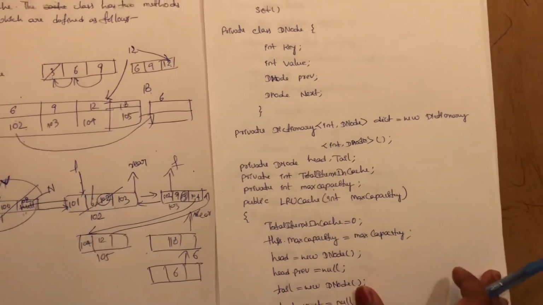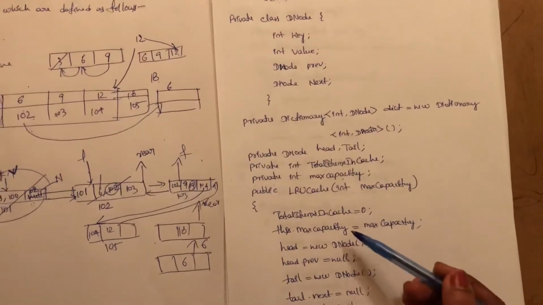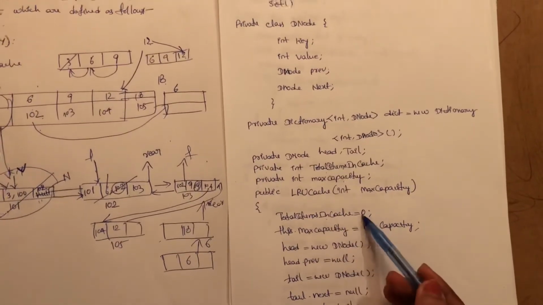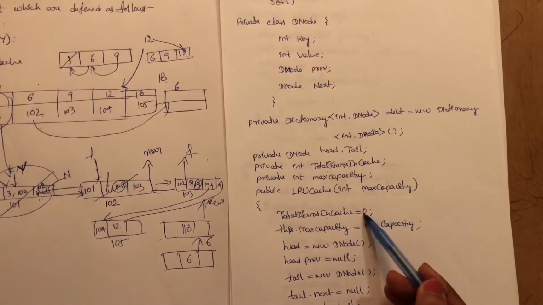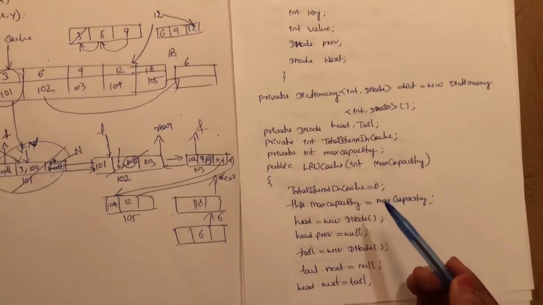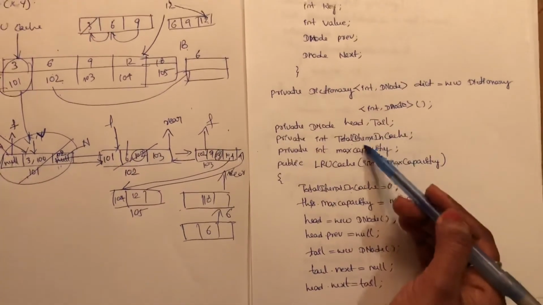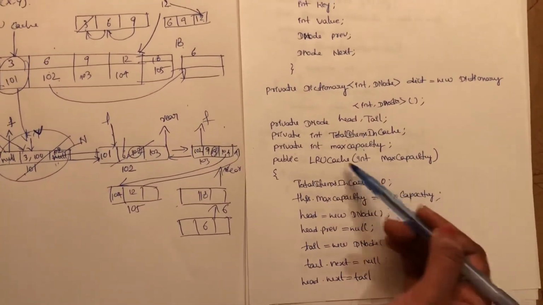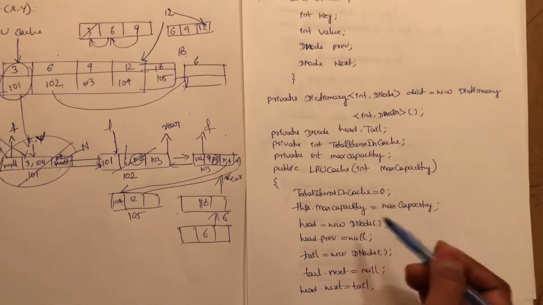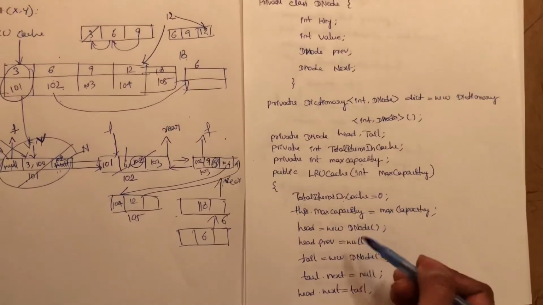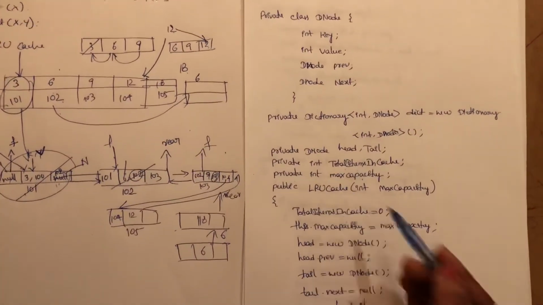For implementing the LRU Cache, we first initialize the total number of items in the cache to 0. Then the maximum capacity, we allocate into here. This is the constructor we are initially building for the LRU Cache.